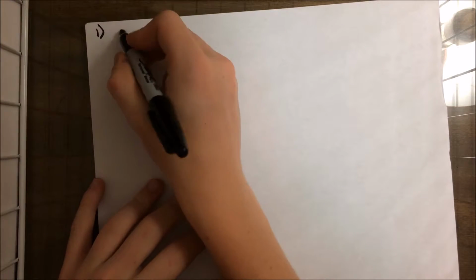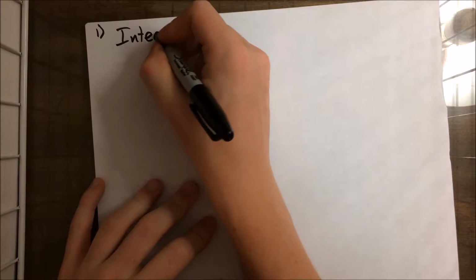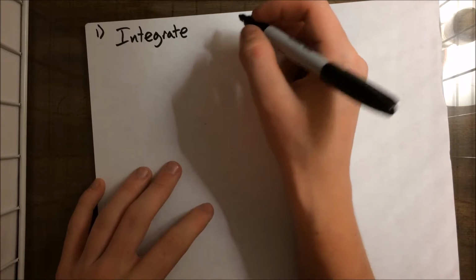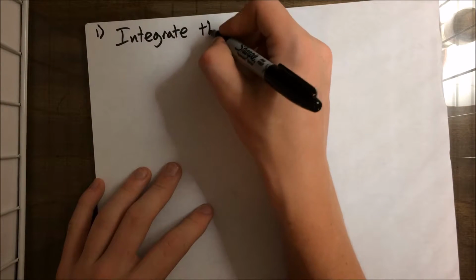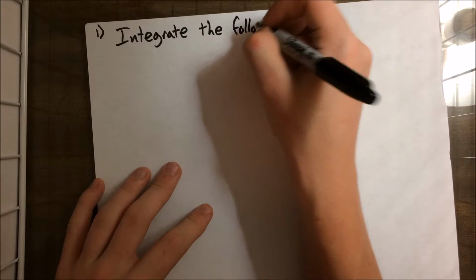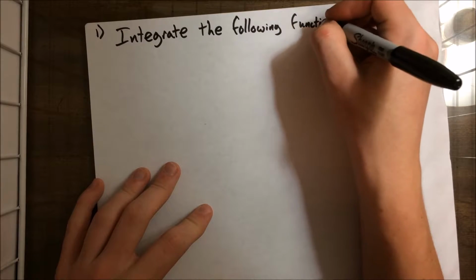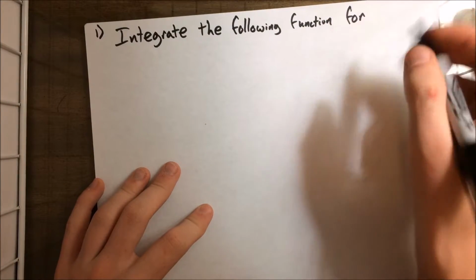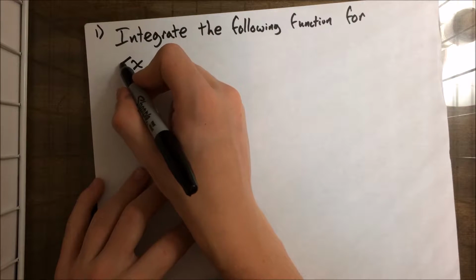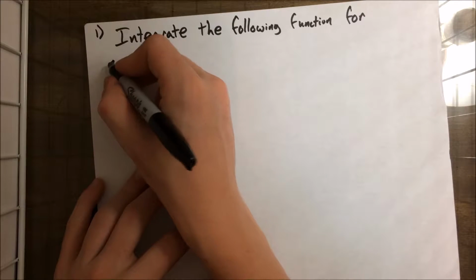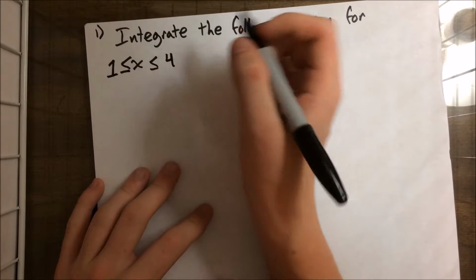Okay, so now let's go ahead and look at an example. Example 1: we're going to integrate the following function for x greater than or equal to 1 and less than or equal to 4.